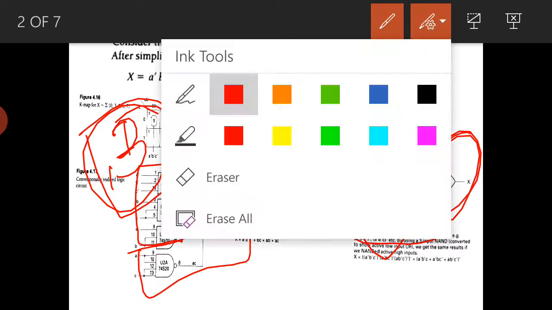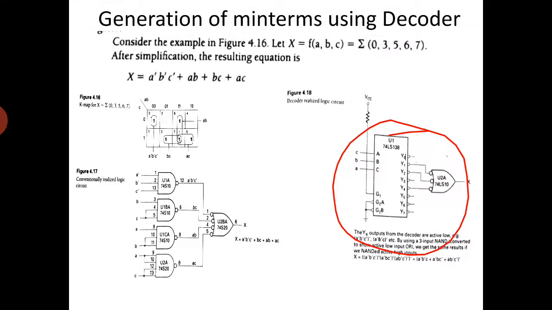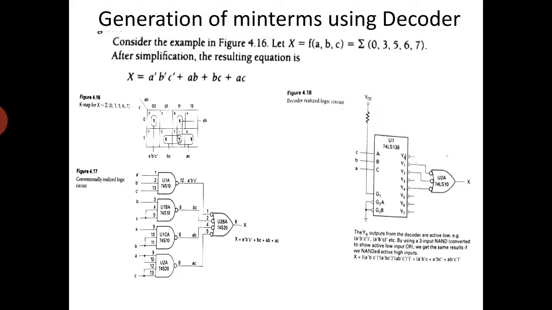So in the hardware we can reduce the number of ICs. That is the idea behind designing using decoders. Proper utilization should be there. So this is a realization of min terms using the decoder. This is one example.